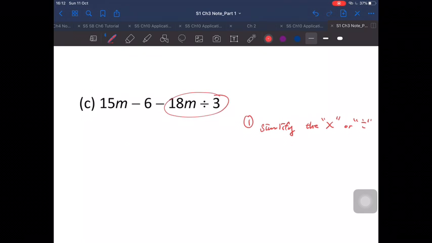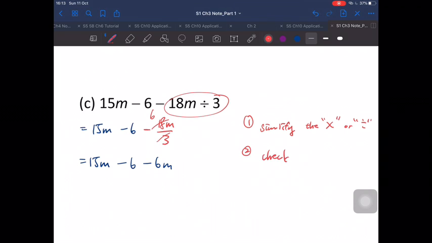So we can use a fraction to express this expression, 15m minus 6 and then minus 18m over 3. We can write in this way. So you have to do some simplification. That means it will be 6. So therefore we write it minus 6m. So for the next step, you have to check whether there are any like terms.